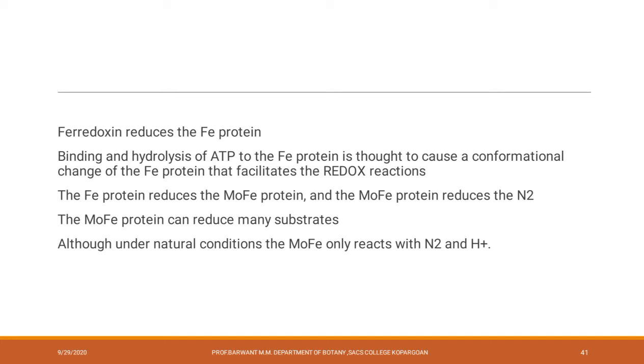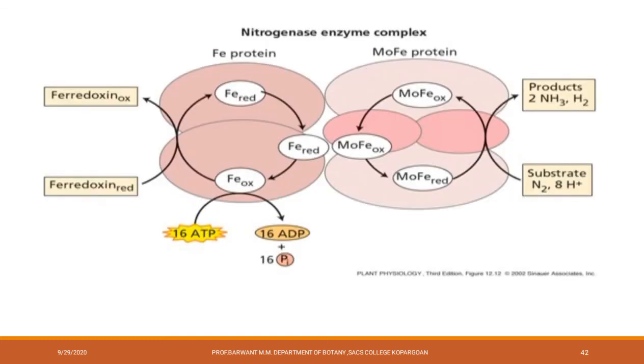Binding and hydrolysis of ATP to the Fe protein causes conformational changes of the Fe protein that facilitate the redox reaction. The Fe protein reduces the MoFe protein, and the MoFe protein reduces N2. MoFe protein can reduce many substrates. Also, in natural conditions MoFe only reacts with N2 and H+.